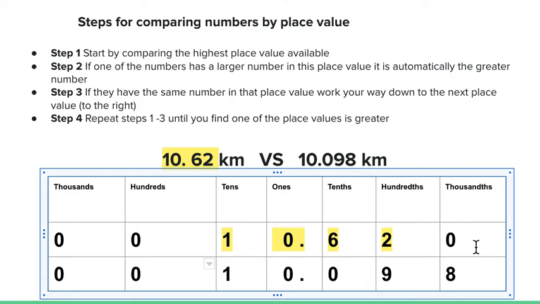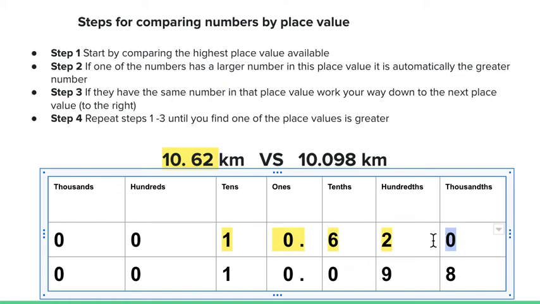The same thing goes with decimal numbers. Once we don't have any more decimal numbers, so this one here ends at 62 hundredths, we can put an infinite amount of zeros behind it.